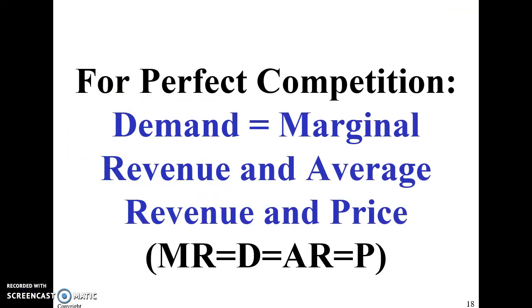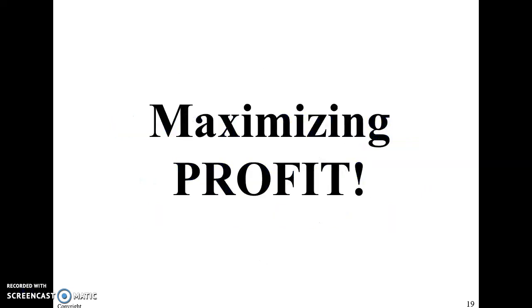So make sure you remember this, that in perfect competition, that demand curve is horizontal, and the labeling would be MR equals D equals AR equals P.